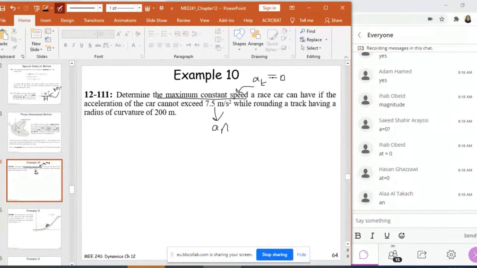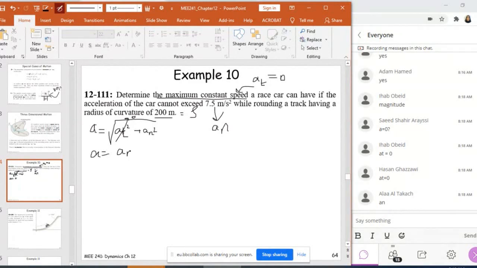So I need to find the velocity so that my acceleration cannot exceed 7.5 while rounding a track having a radius of curvature of 200. So I know the radius of curvature, which has the symbol rho. This is a very trivial example because I know that A is equal to the square root of AT squared plus AN squared, and since AT is equal to 0, then A will be in fact AN.